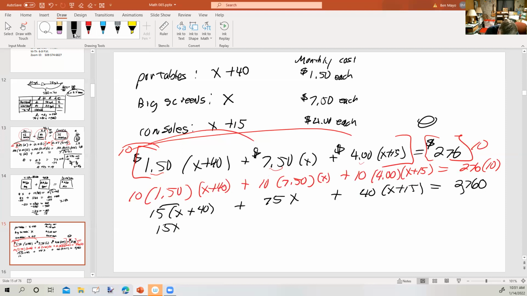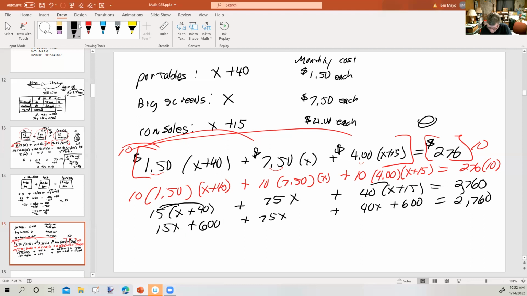Distributing, 15x plus 600, plus 75x, plus 40x plus 600 again, equals 2,760.